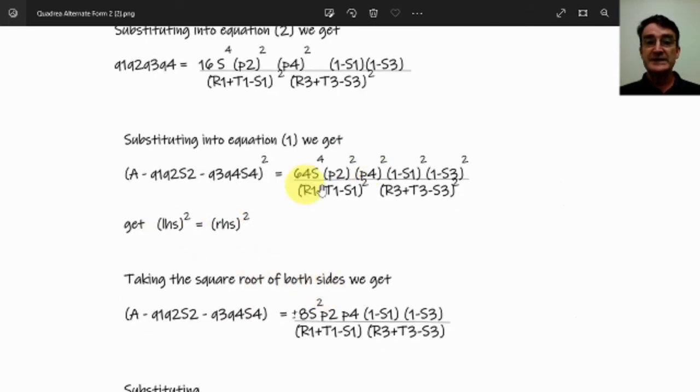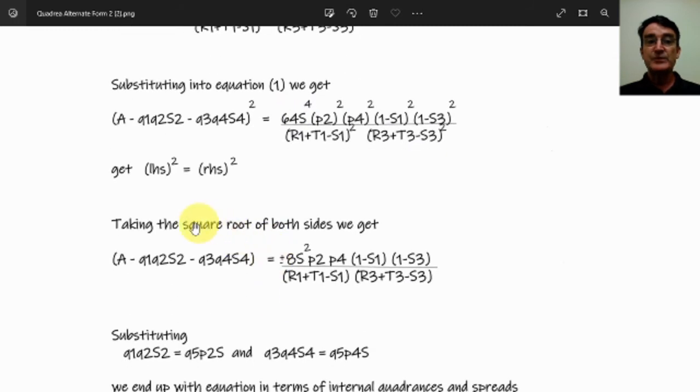And so we're going to take the square root of both sides, and we're going to get A minus Q1, Q2, S2 minus Q3 times Q4 times S4 is equal to, it could be plus or minus now, 8 times S squared times P2 times P4 times 1 minus S1 times 1 minus S3, all divided by R1 plus T1 minus S1 times R3 plus T3 minus S3.